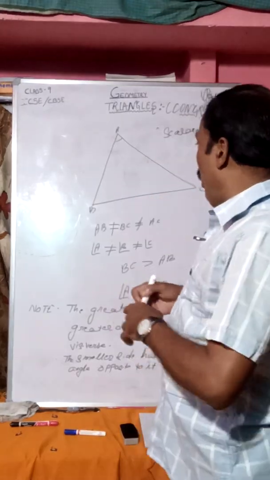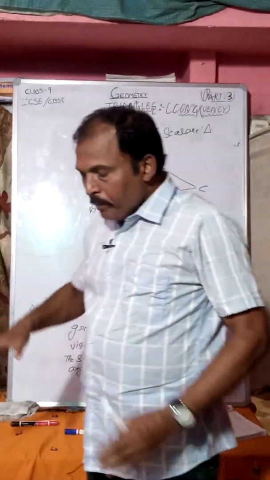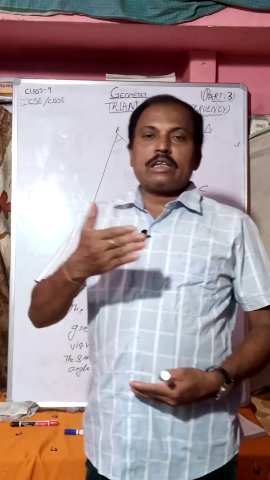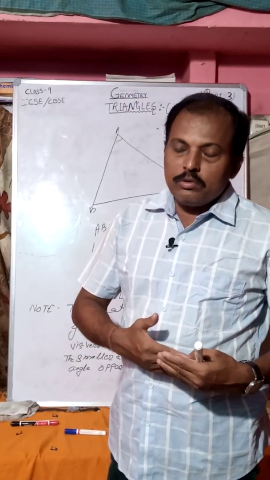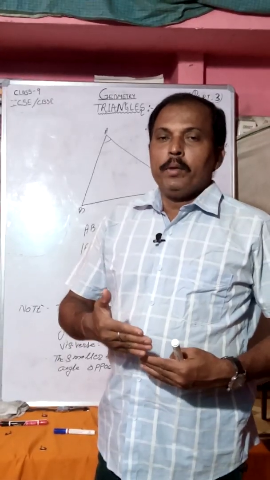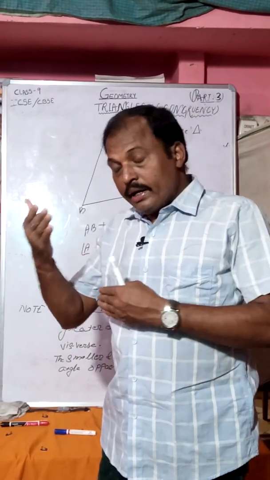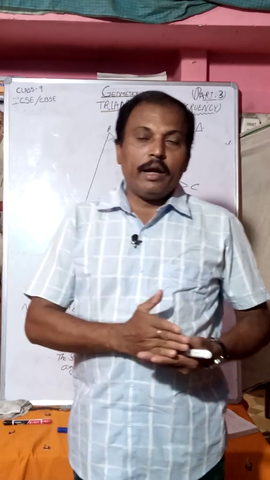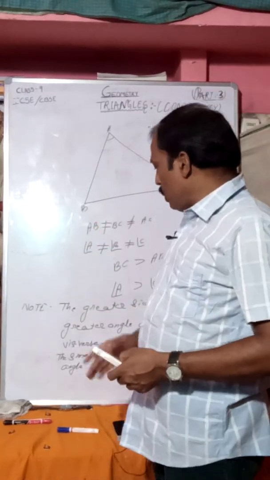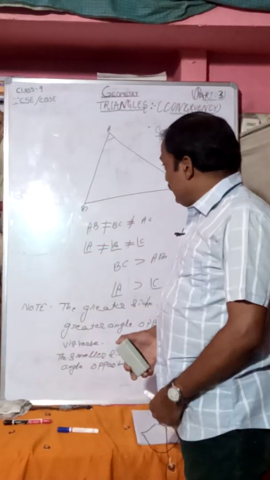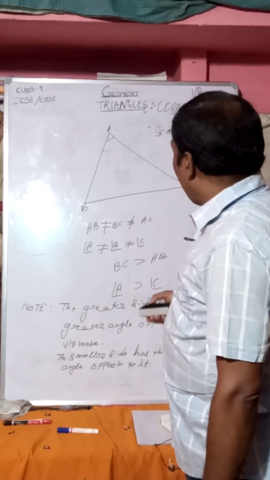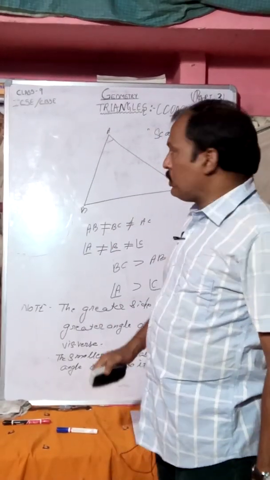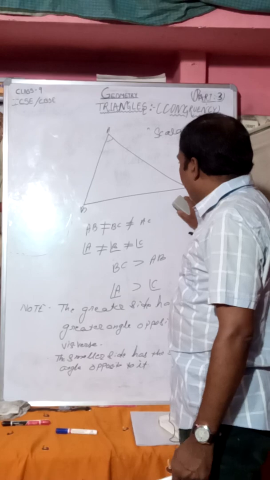So we know that greater side has the greater angle, smaller side has the smaller angle. Greater angle has the greater side opposite to it, and the smaller angle has the smaller side opposite to it. So these are some important terms relating to the scalene triangle.